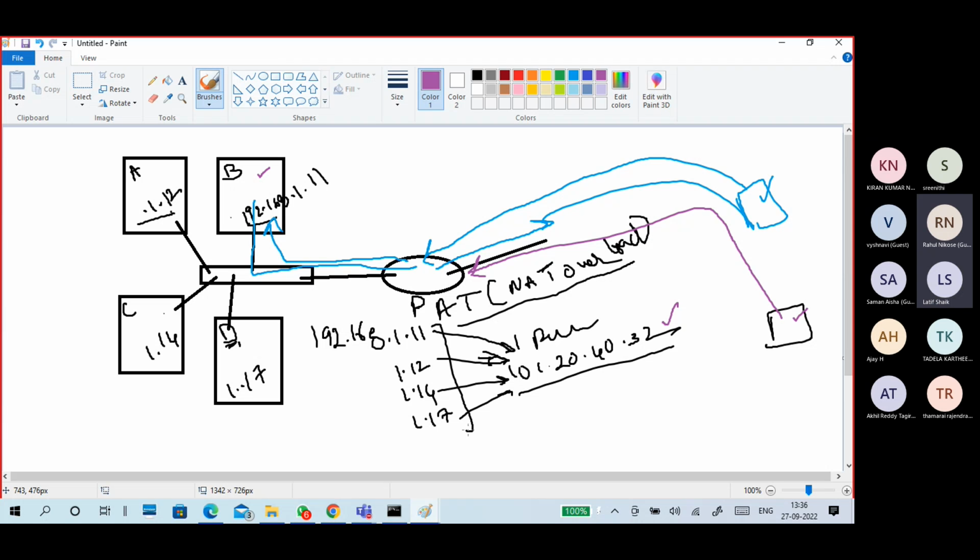If I am forwarding, the packet is going from inside to outside, so a mapping happens.